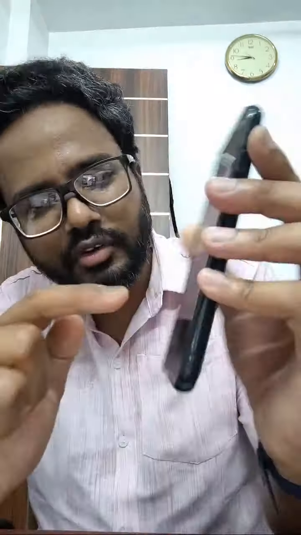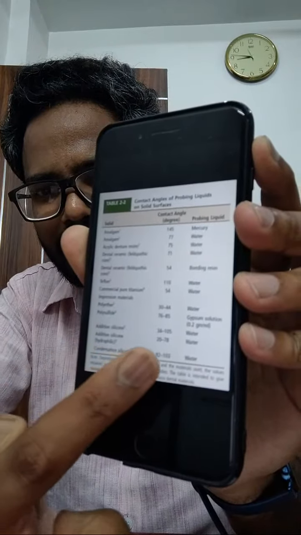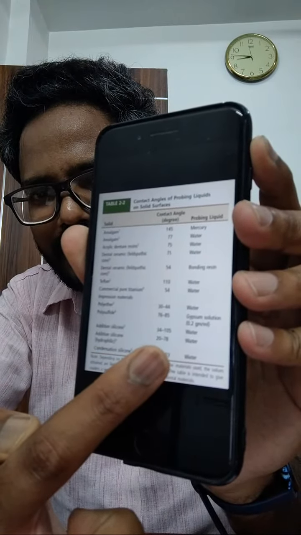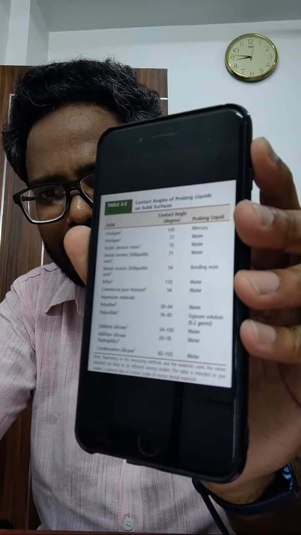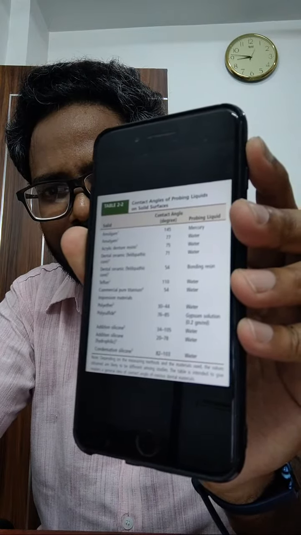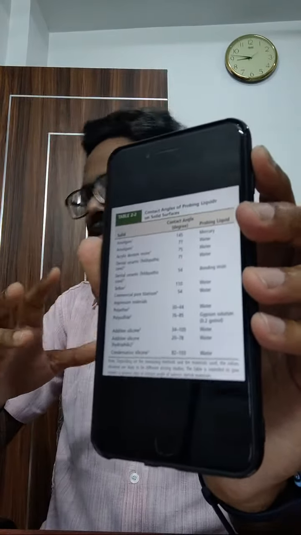If you carefully observe at the bottom, you can see adhesion silicone, hydrophilic. As a consequence, the contact angle drops to almost 20, even lesser. So these contact angle values will give you an idea whether the liquid adhesive is able to wet the given solid substrate. It's as simple as that.